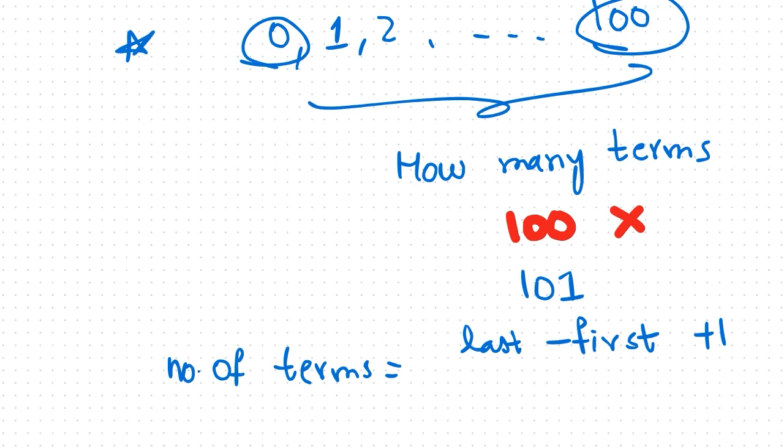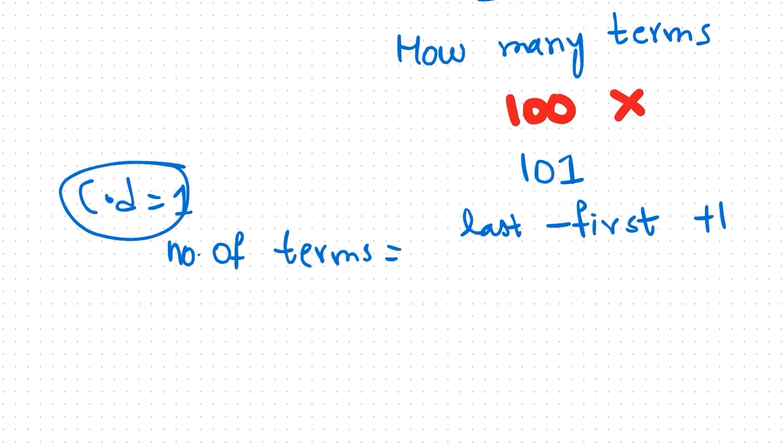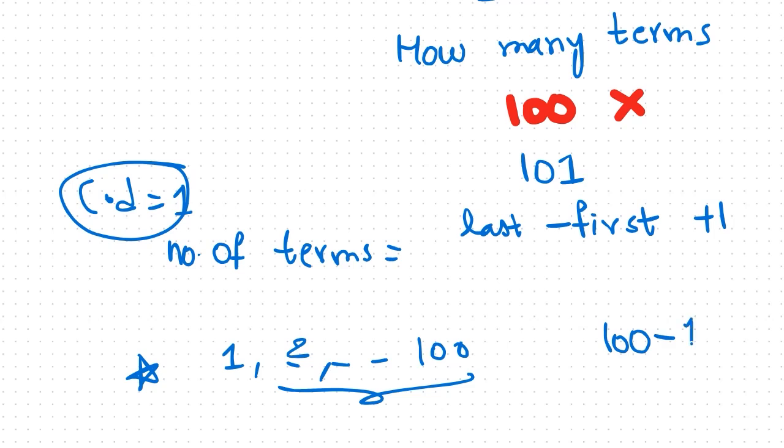This is when the common difference is 1. When you are counting natural numbers 1, 2, 3, 4, and so on up to 100, how many will there be? 100 minus 1 plus 1, so 100 terms.